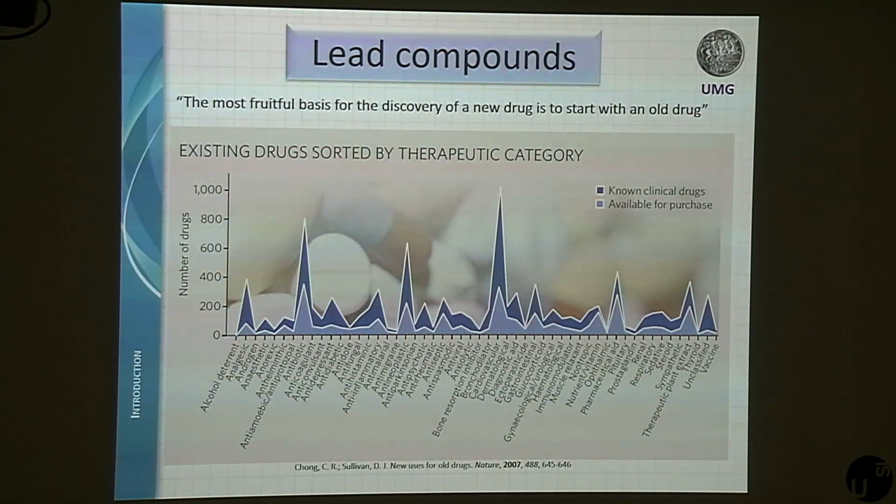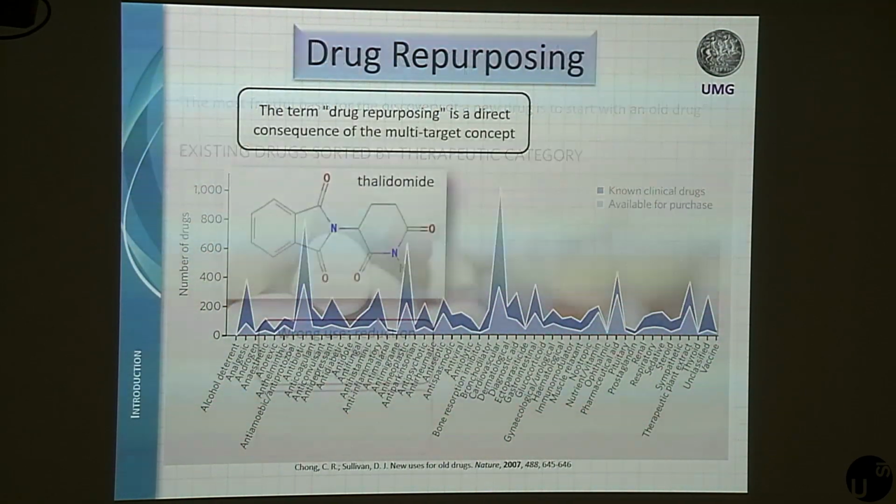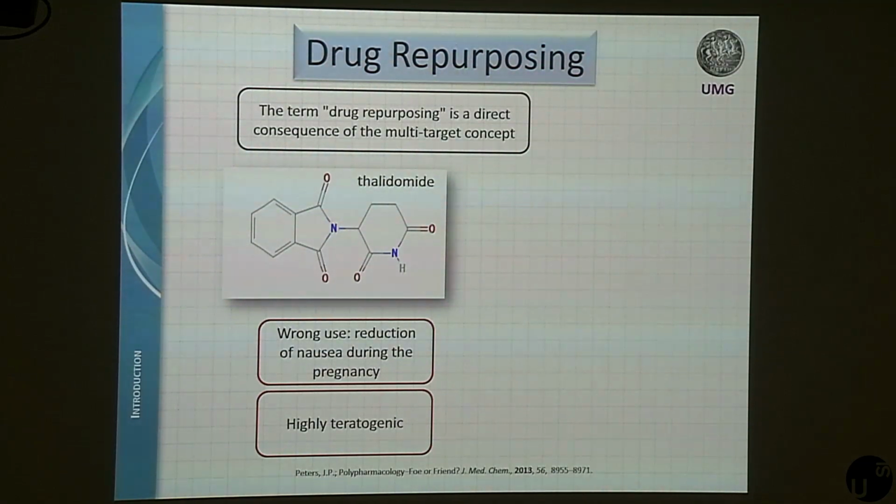But probably the most interesting example that we can find from our literature is the bad example of thalidomide, that you know very well, the drug that causes a lot of problems in pregnant women and in the unborn child.